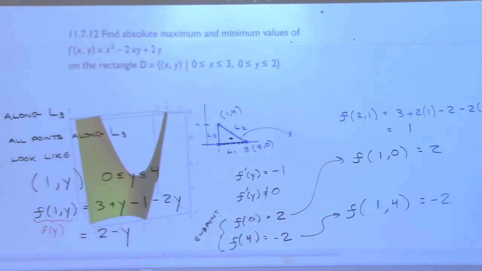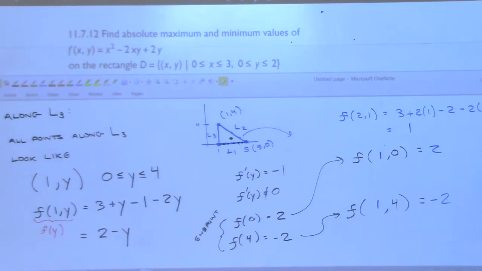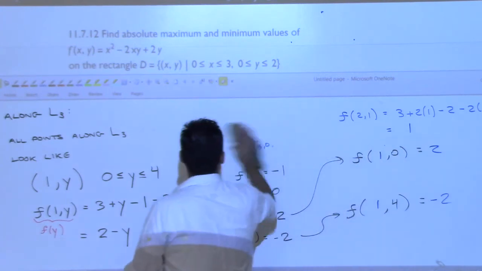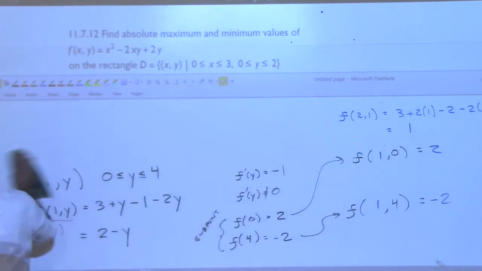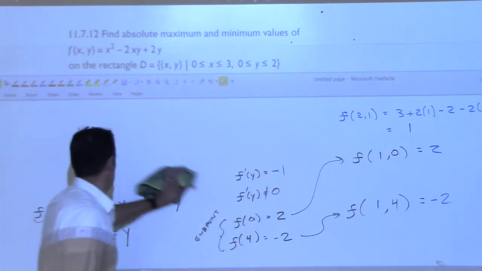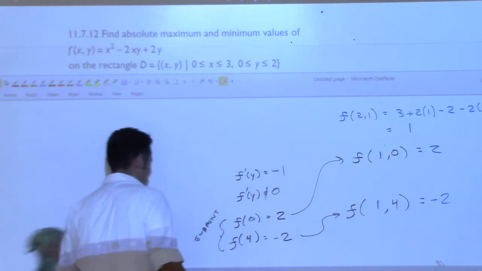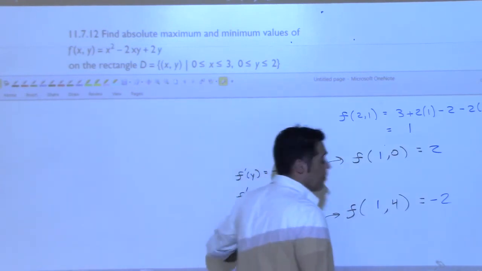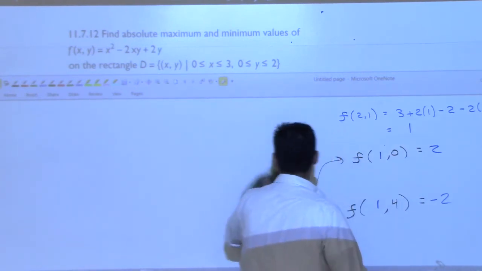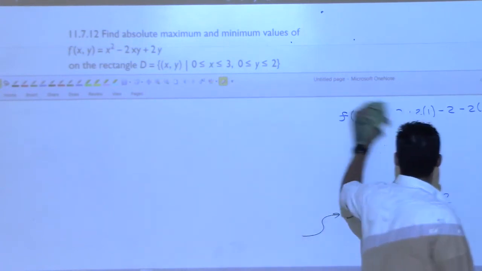I think we're going to try and do this one without a picture. We're just going to go for it and see if we understand this now. Were there any questions on that? The answer was just 2 and -2. Yeah, the absolute maximum was 2, the absolute minimum was -2.